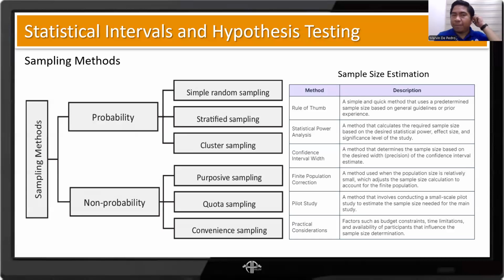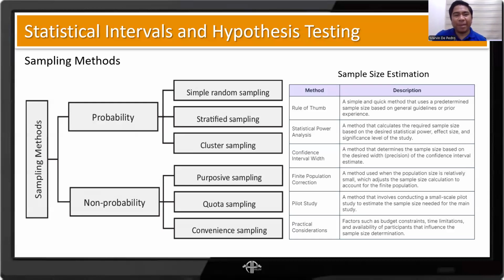But for some reasons, if your experiment requires something else, then you may choose a non-probabilistic method, like purposive sampling, where you intentionally choose the person that responds or the experiment subject.